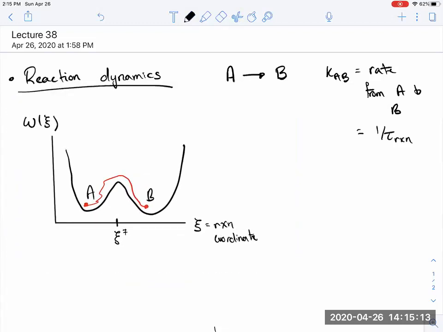Well, we know, using the tools of statistical mechanics, how likely one of those fluctuations would be. Those would just be given by that Boltzmann factor associated with that reversible work.